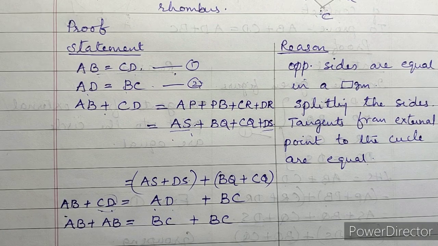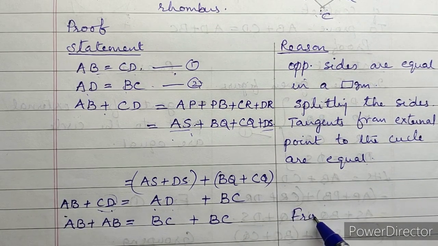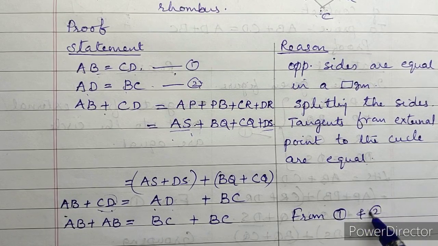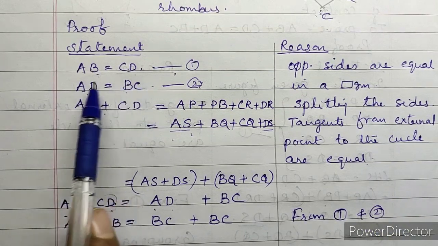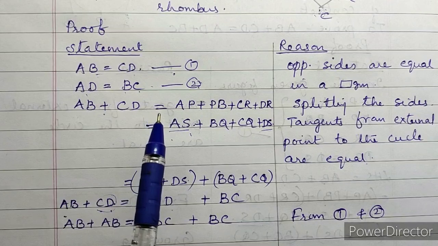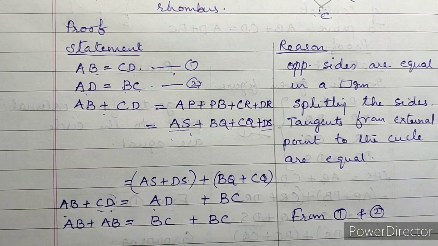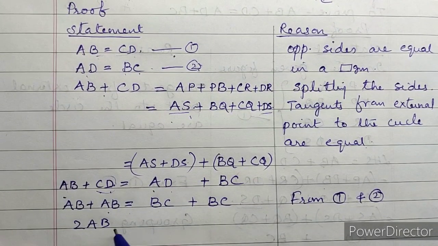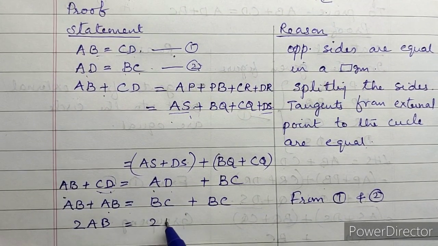So that 2 BCs you will get. What reason will you write? From 1 and 2, which we have already written, because they are the opposite sides of a parallelogram. Opposite sides of a parallelogram are equal. So AB plus AB is equal to BC plus BC. That is 2AB is equal to 2BC.